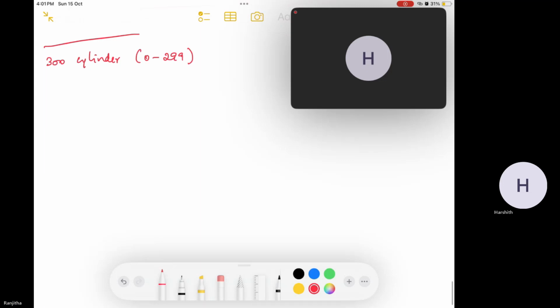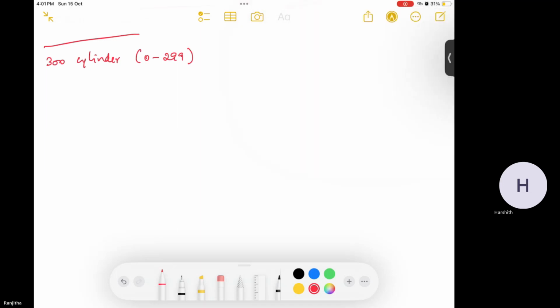And the initial head position is 101, and SSTF is the policy, and the read request sequence is 123, 45, 197, 87, 250, 198, and 280.